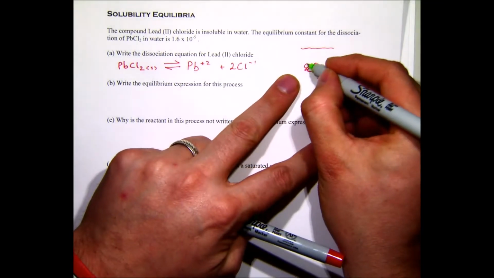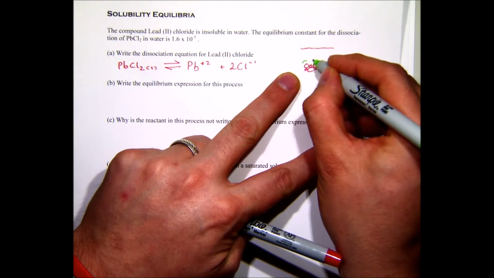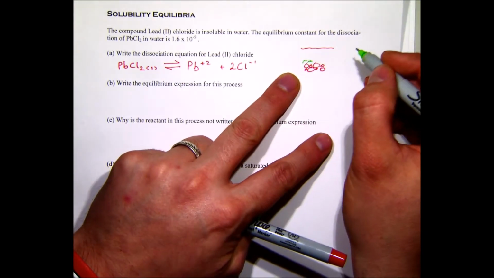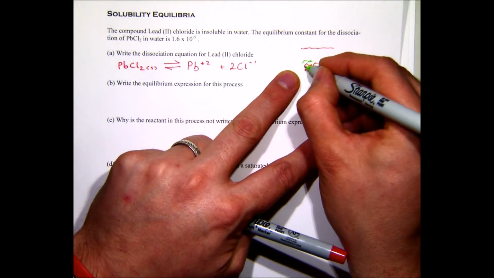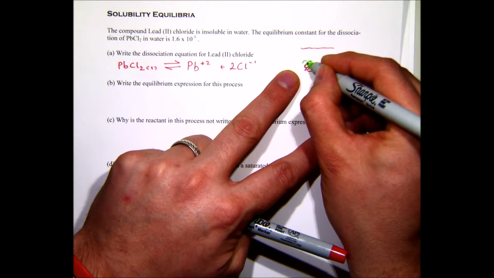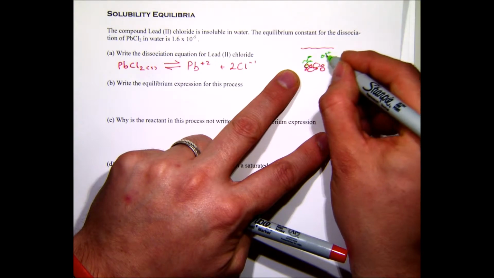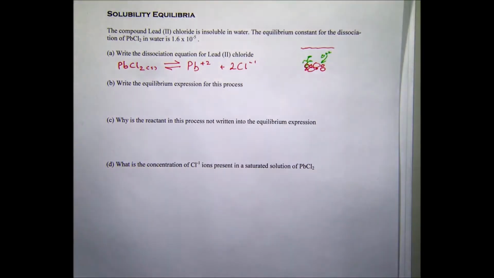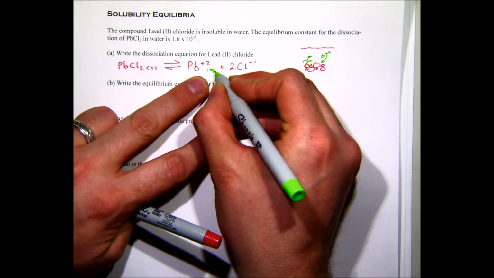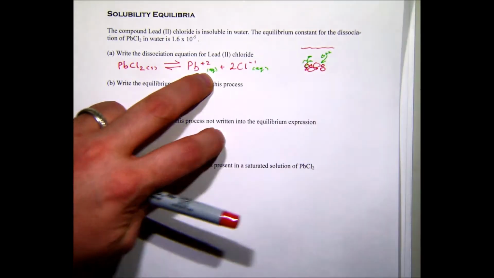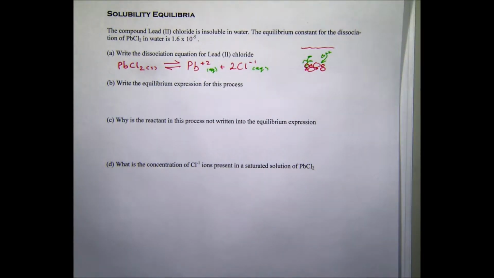Well, the reality is that the water molecules themselves, little triangles, will actually surround these ions a little bit and carry them away. But for every one that does that, one of the ions will be replaced. So from our perspective, it doesn't really look like anything's happening. These compounds, because they're ions, have to be aqueous. I'm just going to note that in green.